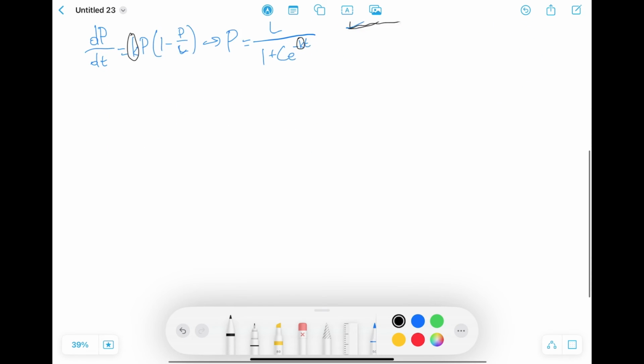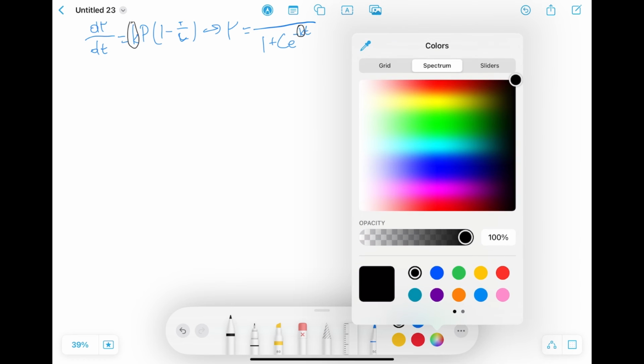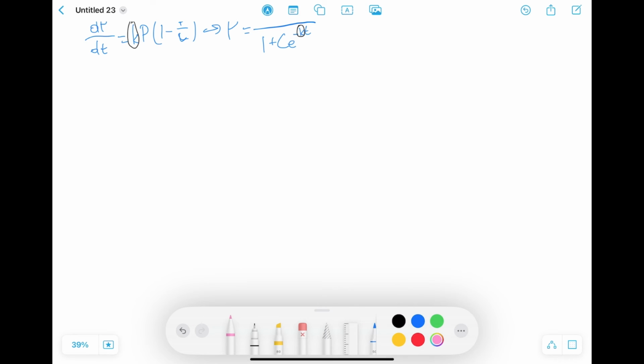So I'll bring an example, and I'm going to write in a new color. This example comes from the 2024 UIL region, problems 46 and 47 from the math test.